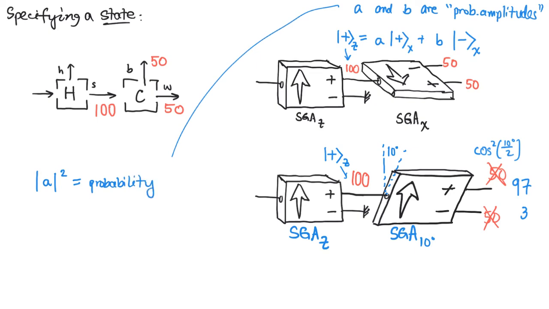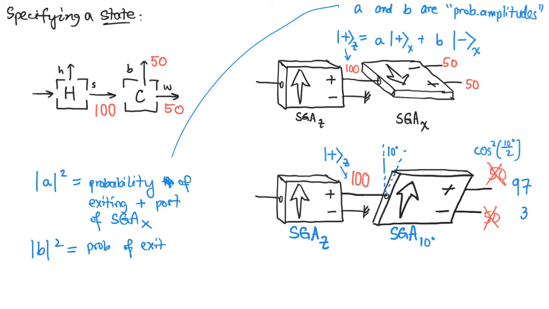In this case, since A is the coefficient of the plus x state, the magnitude squared of A gives you the probability of exiting the plus port of an X analyzer. And likewise, magnitude B squared is the probability of exiting the minus port of the X analyzer.